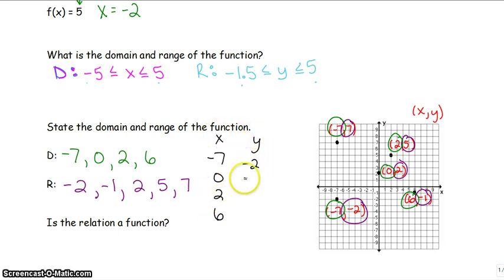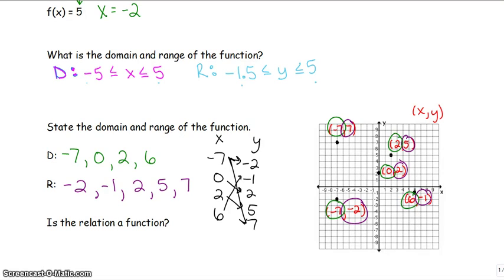For our y's, -2, -1, 2, 5, 7. -7 is going to correspond to, according to our table, -2 and +7. 0 corresponds to +2. 2 corresponds to 5. And 6 corresponds to -1. Now this would tell me no, because my input of -7 has 2 outputs. And remember, every input can only have one output.